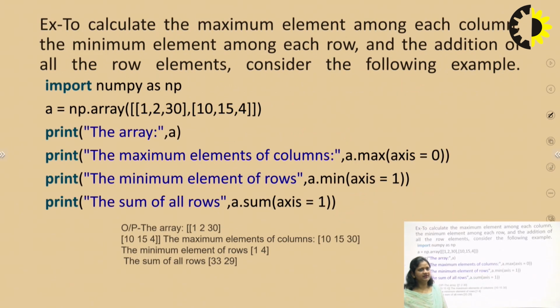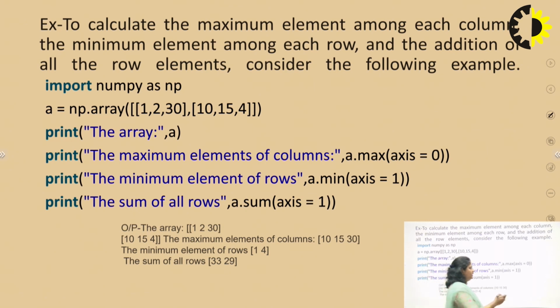Let us take an example to understand the concept of axis 0 and axis 1. In this program, we calculate the maximum element among each column, the minimum element among each row, and the addition of all row elements.